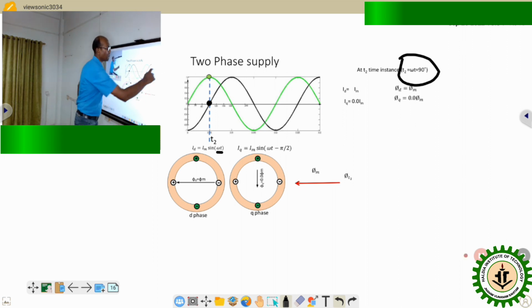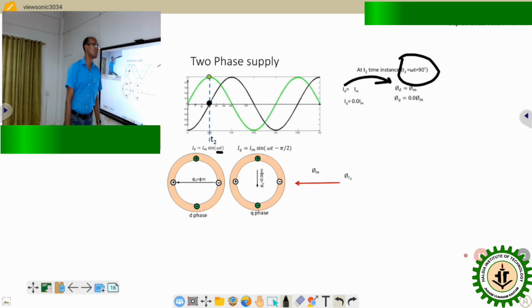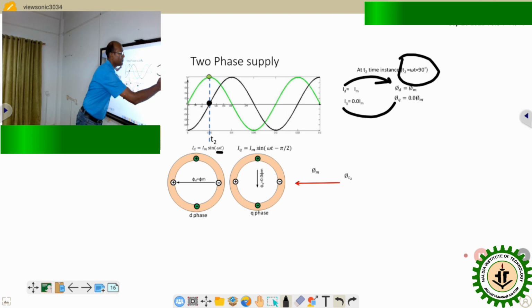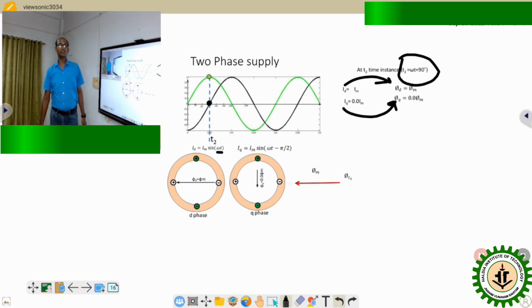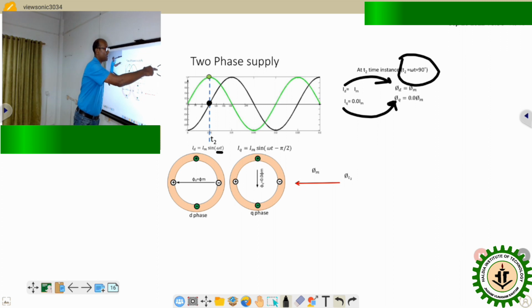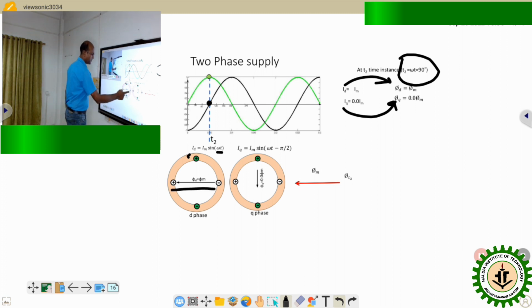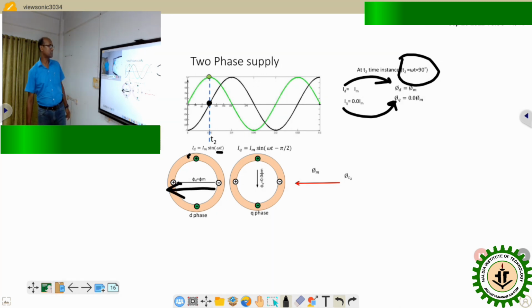So Id corresponds to creating phi d, that is phi m, and Iq corresponds to creating phi q, that is 0. Because Id is present, phi d will be there, and the direction of phi d, because it is positive, d is plus and d dash will be minus, towards that direction of flux because of the d axis.